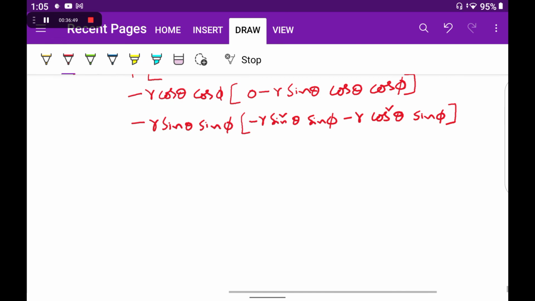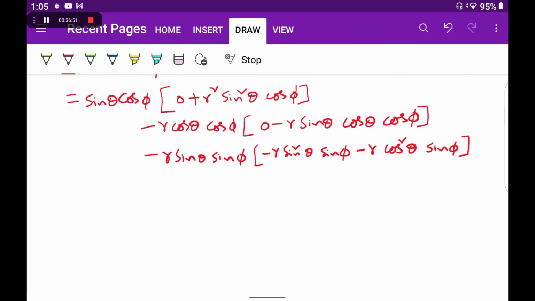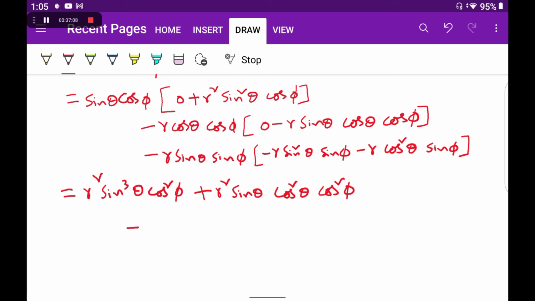Okay. So you simplify this, what we get is r square sin cube theta cos square phi plus r square sin theta cos square theta cos square phi plus r square sin cube theta sin square phi plus r square sin theta cos square theta sin square phi.